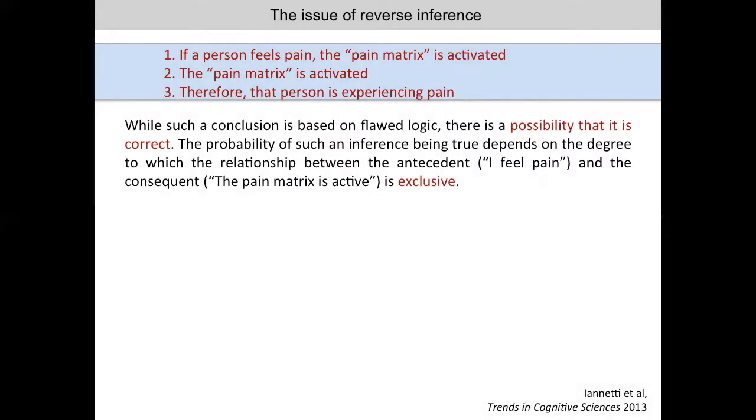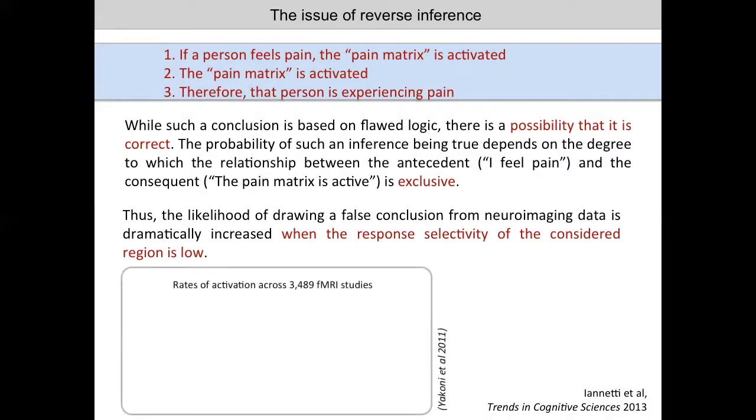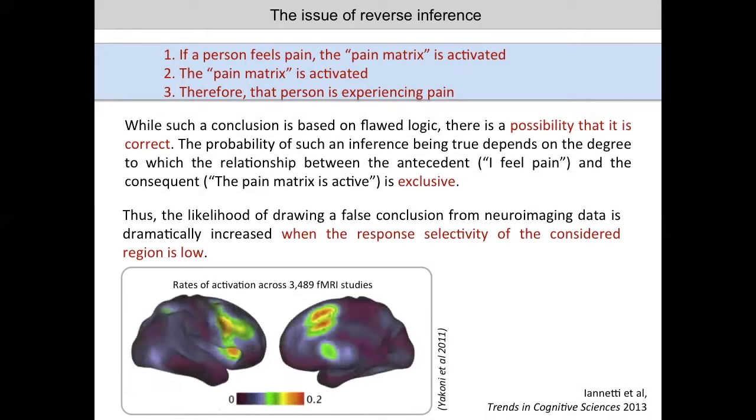And basically, to draw those conclusions, we need to measure how exclusively those things are related. And the problem is that the response selectivity of those brain regions, with the analysis techniques that we use, is very low. And I'm sure you run MRI experiments all the time, and I'm sure you find activity in the insular cortex, in the cingulate cortex, almost whatever you do, if you're working on gambling or addiction or pain or you name it.